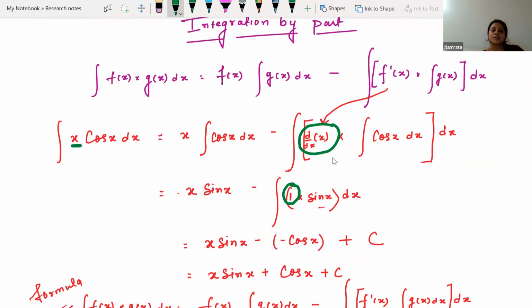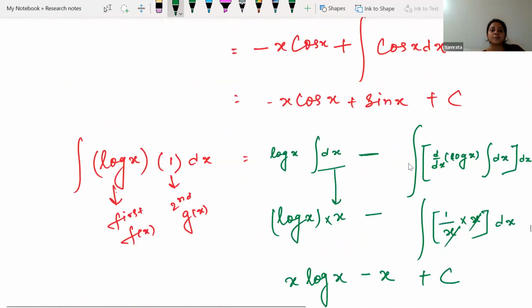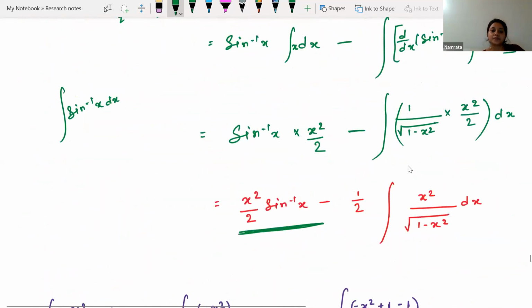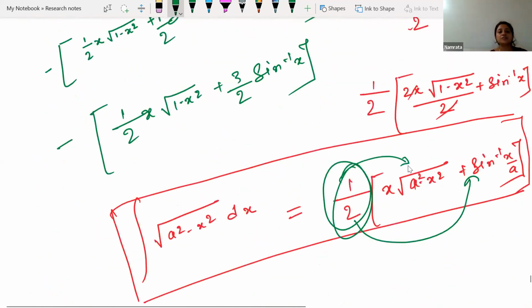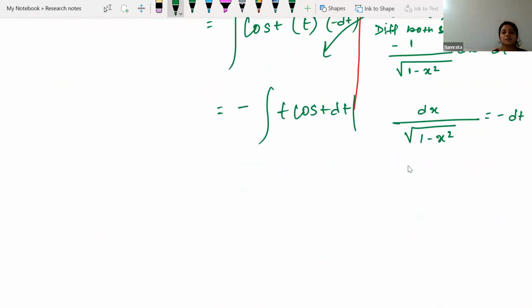Similarly, can we do t cos t? Let's do it quickly. So the formula says, if we are having t cos t, the formula says minus, keep it aside. First function, which one is the first function? t or cos t?